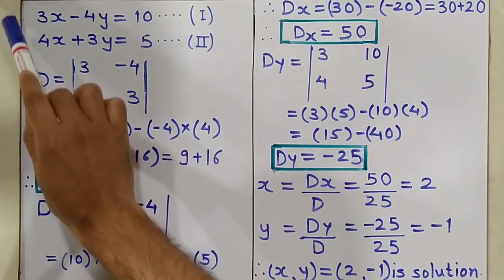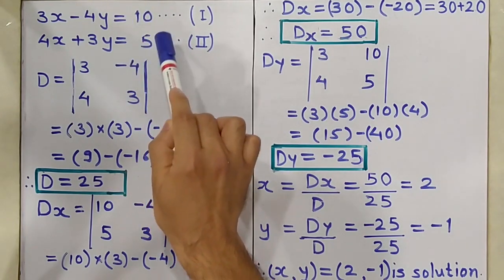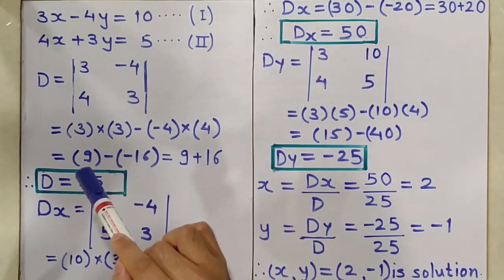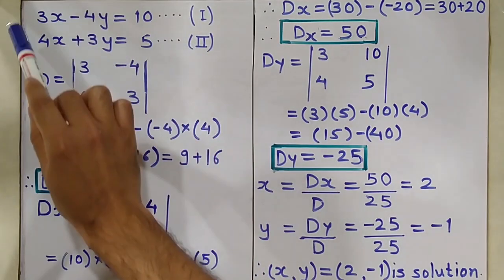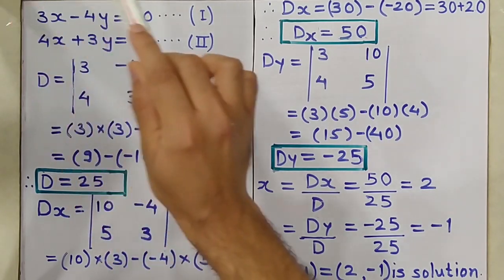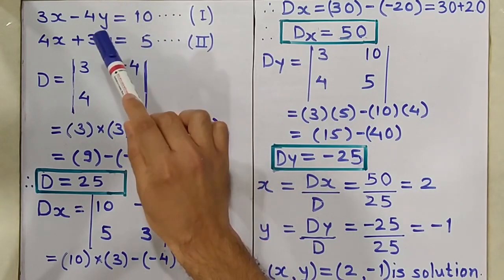They should always be on the left hand side, and the constants should be on the right hand side. Now in this case, you can observe that the variables x and y are on the left hand side, and the constants 10 and 5 are on the right hand side of the equal to sign.